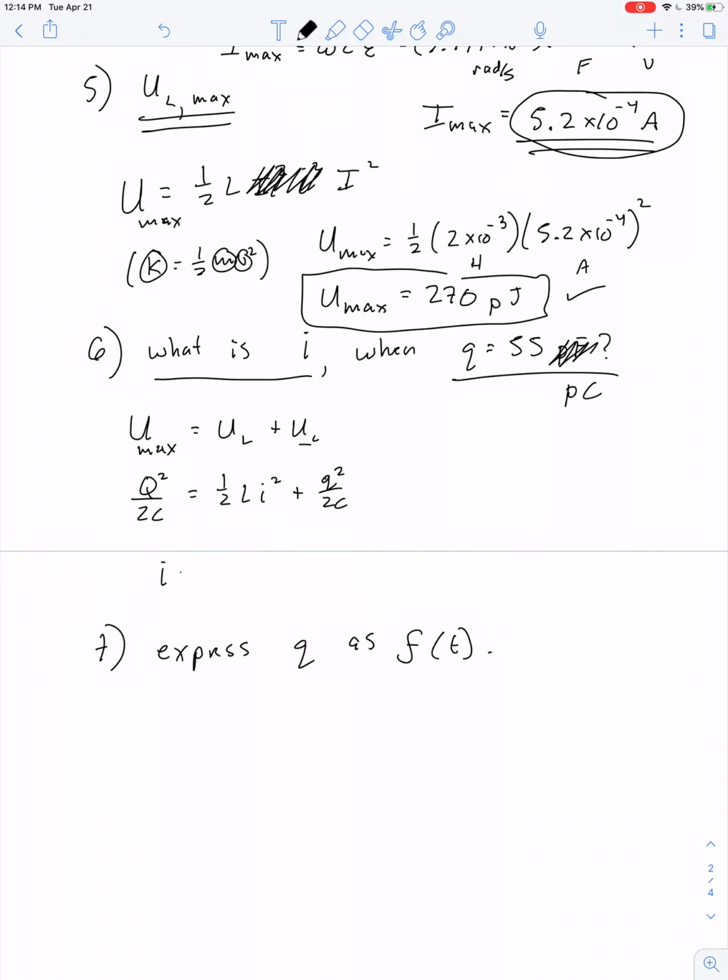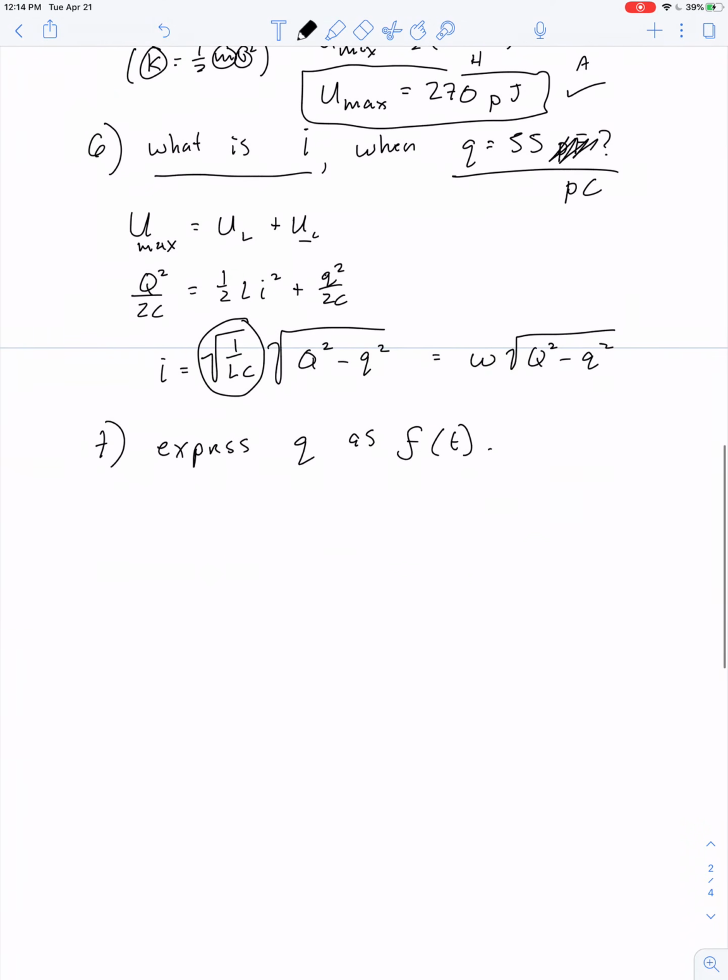The current at any instant is equal to the square root of 1 over LC times the square root of maximum charge squared minus instantaneous charge squared. But then again, the square root of 1 over LC is just the angular frequency. So we can say the current at any instant is the angular frequency multiplied by the square root of maximum charge squared minus instantaneous charge squared.